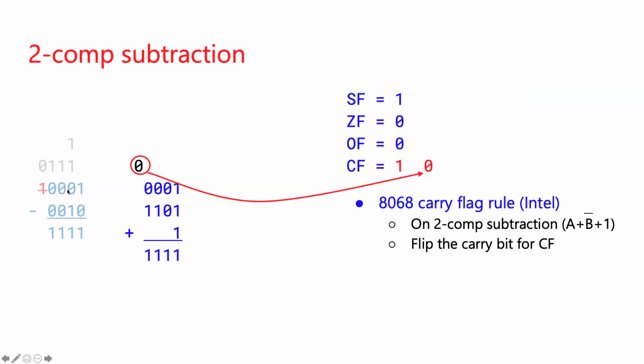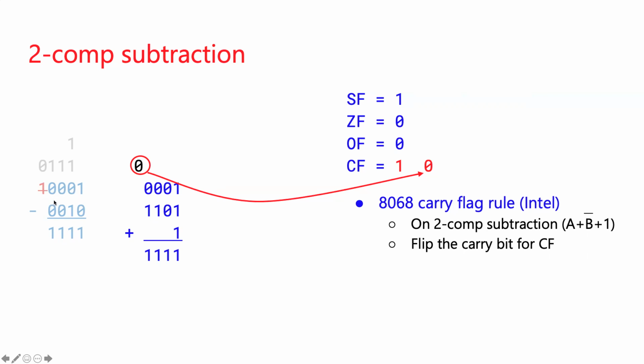Or another way you can think of it is, if you do the subtraction and you put a 1 here, the result is going to show what the value of that bit was after the subtraction occurred.